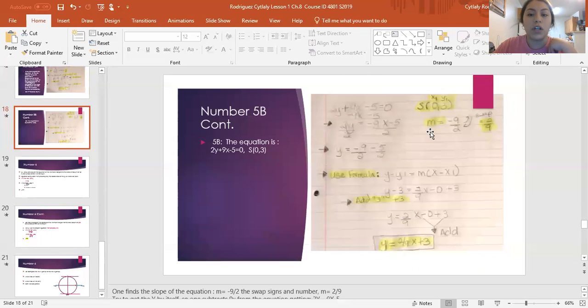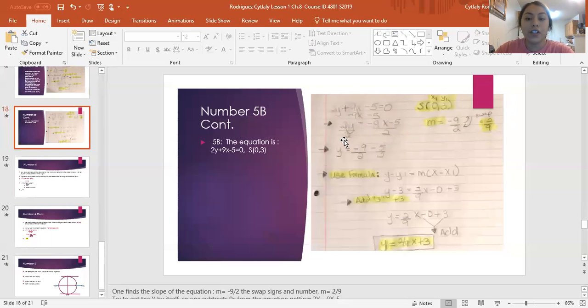So the first thing we want to do is subtract 9x and cancel that out. And then we get 2y equals -9x minus 5, because we're trying to get y by itself first.